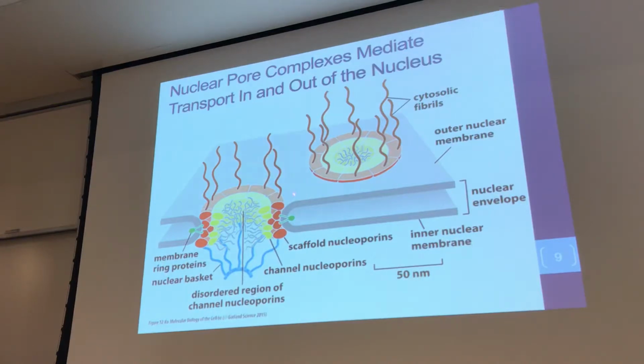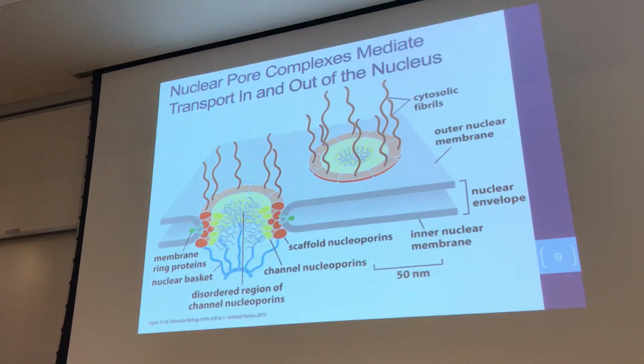And then we have this big ring structure here made up of 2 layers at least of proteins, the membrane ring proteins that are helping to build this ring structure. Then there's scaffolding proteins that really line this whole membrane pocket so that proteins can come through.